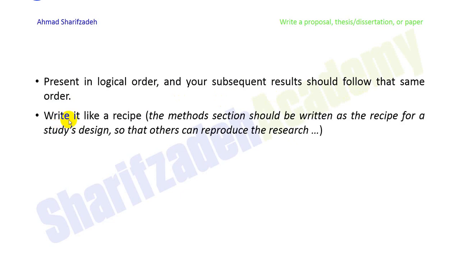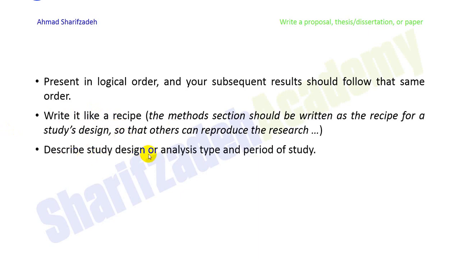We have to write some sections, specifically the procedure section, like a recipe. We have to use some chronological order, using some adverbs: now, then, after that, before, prior to, and words like this can help me order my procedure.